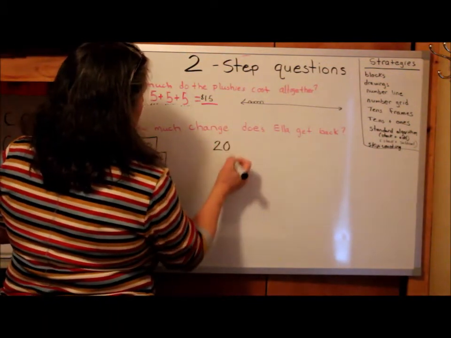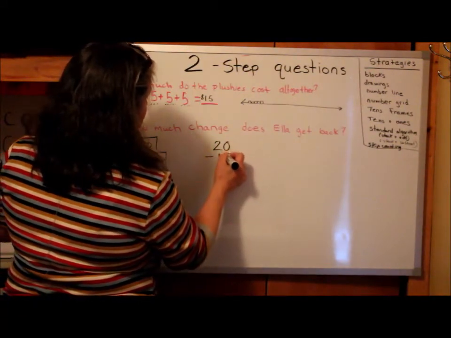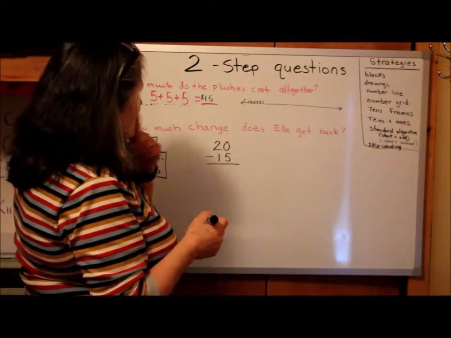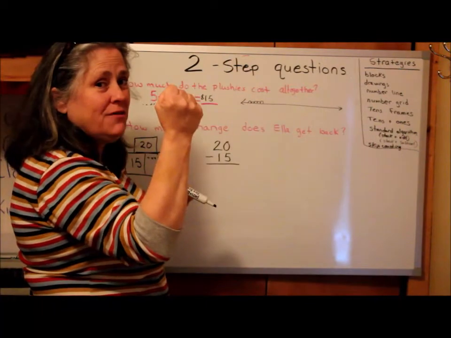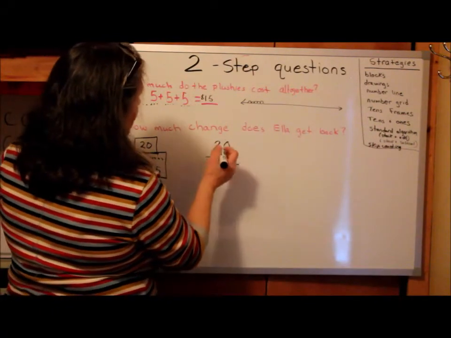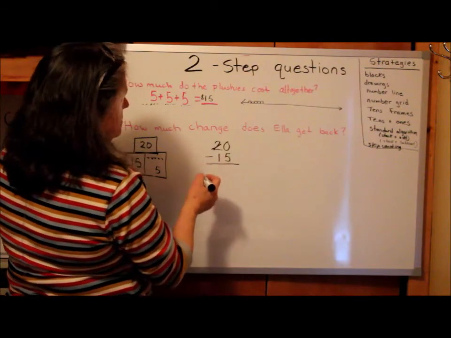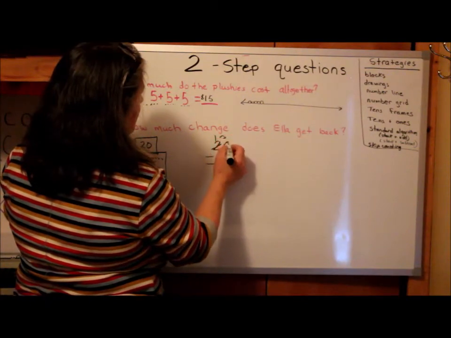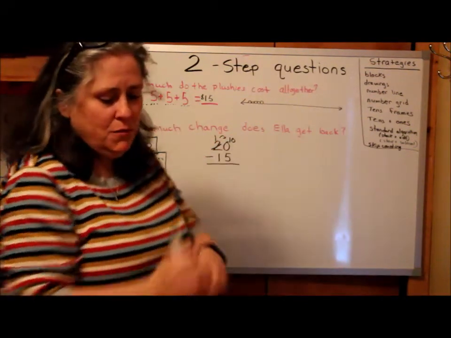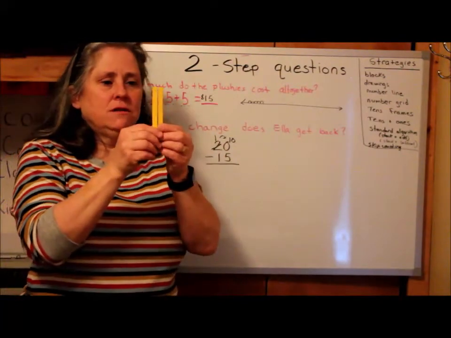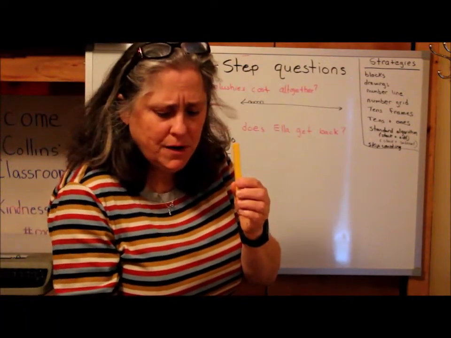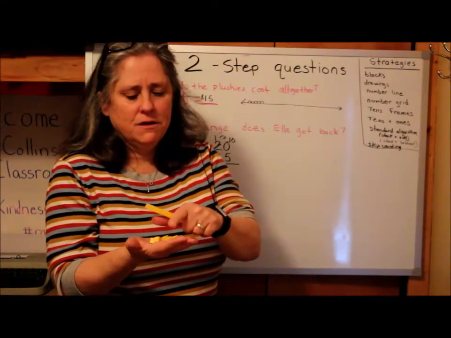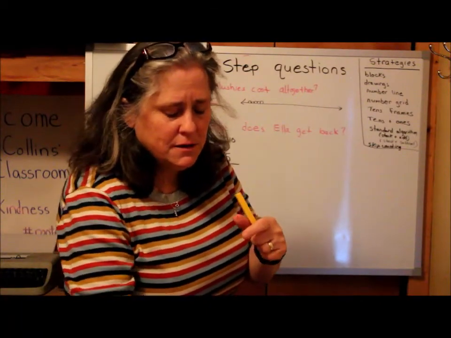So I have $20 minus $15. All right, I can't do 0 minus 5. If I have 0, I can't take 5 away. But what I could do is I can cross out this 2 and make it a 1. And take that other 10 over to here and make this into 10 ones. It would be if I had 2 10s like this and I broke this one up, right, into 10 ones. 1, 2, 3, 4, 5, 6, 7, 8, 9, 10.